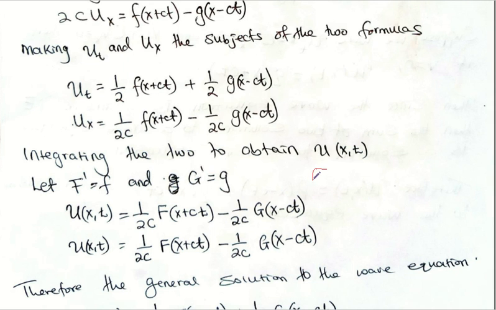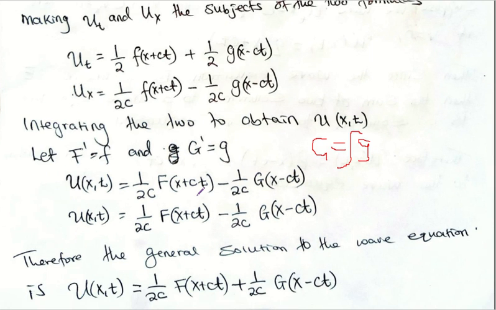Because G prime is equal to g, G will be the integral of the small g, similar to F. Capital F will be the integral of f. So we are going to use this to integrate these two.